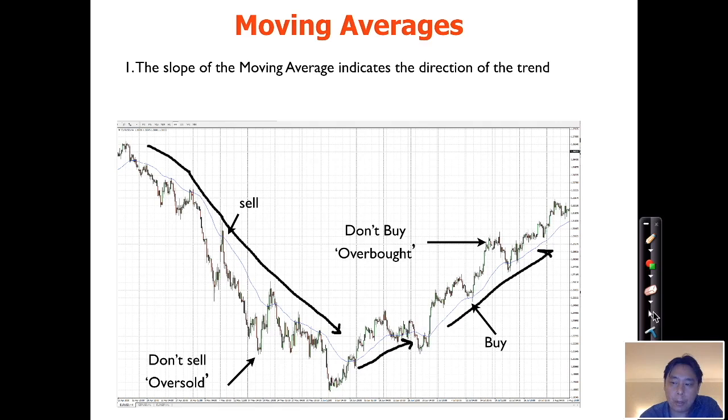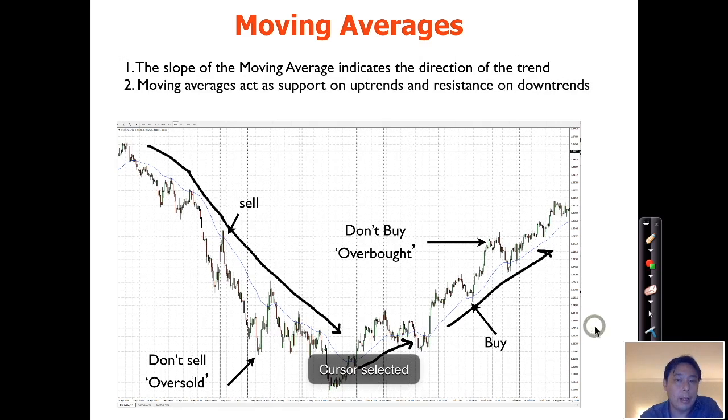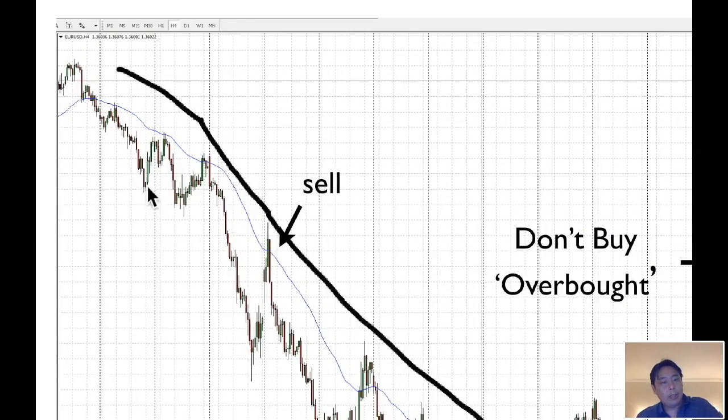Okay, so first is the slope. Next, again, moving averages act as supports on uptrends and resistance on downtrends. Again, check it out. On a downtrend, can you see that the moving average acts as a resistance, resistance, resistance, right?